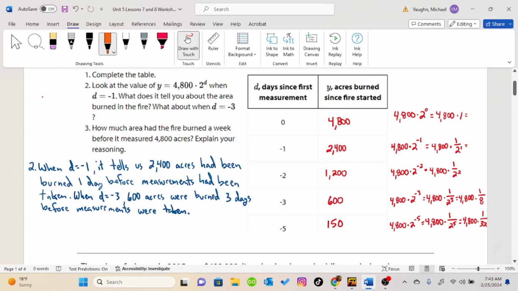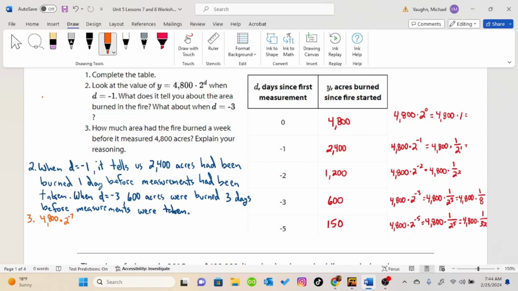And number 3, how much area had the fire burned a week before it measured 4,800 acres? So that would tell us 4,800 times 2 to the power of -7, because a week is 7 days.